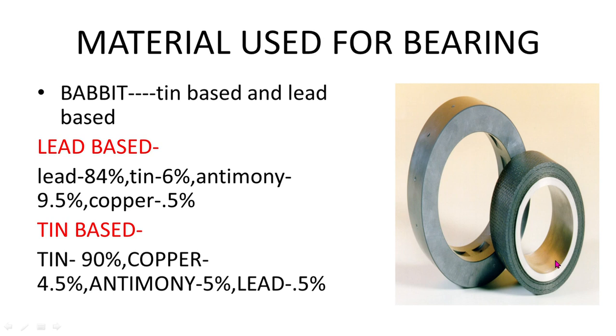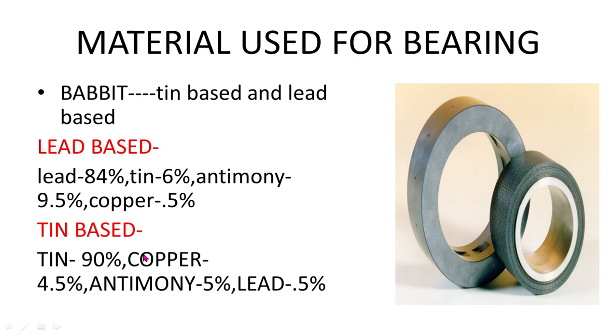These layers of 0.05 mm to 0.15 mm thickness will be coated on the inside of the bearing with the Babbitt material. These bearings are extensively used in automobiles. That is, the Babbitt bearing is most commonly used in automobiles.